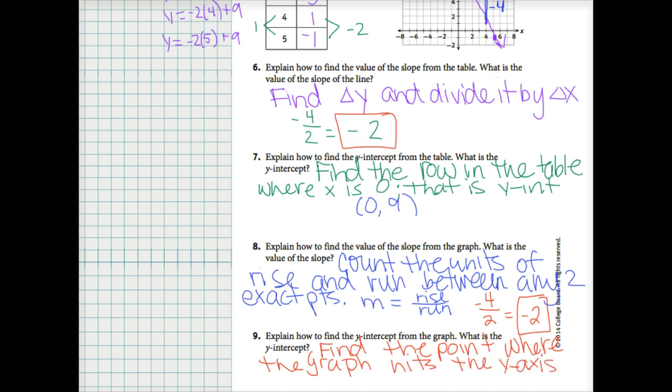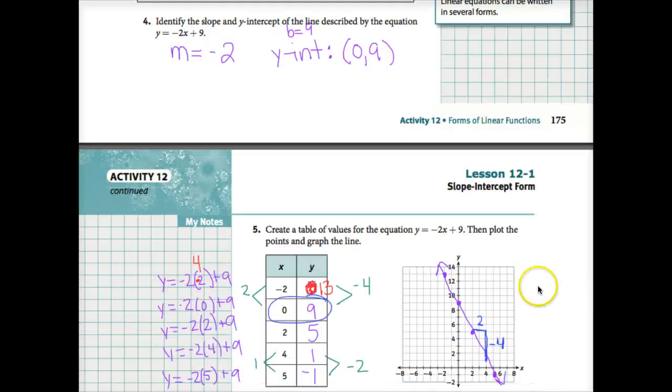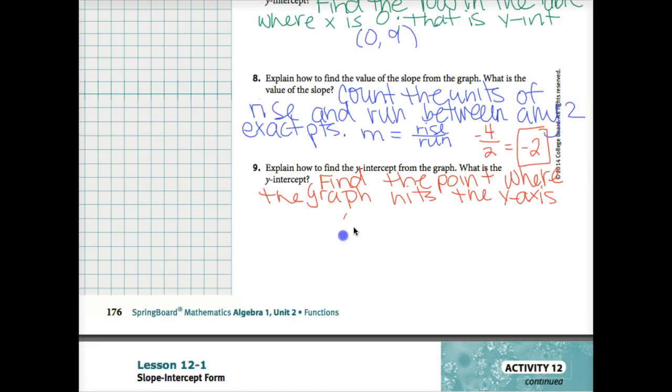So if we look up again, here's my y-axis, there's where it hits. It is, as we already know, at 0, 9. Again, notice, same as what we found from the table, same as what we found from the equation looking at y equals mx plus b. So just showing you again and reviewing these important skills that I hope we're not going to lose.